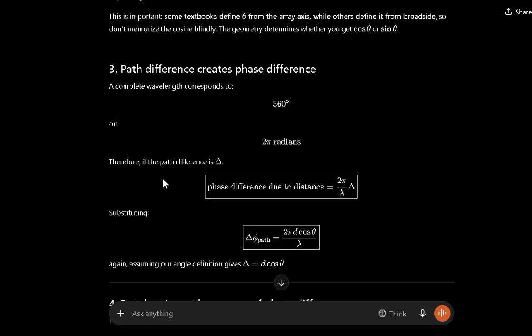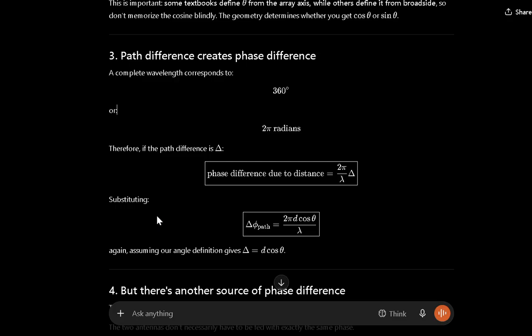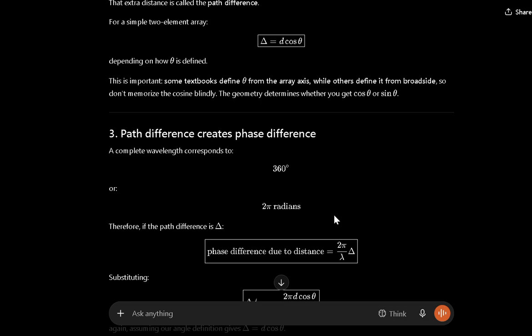Therefore, if the path difference is delta, the phase difference due to distance is 2 pi by lambda delta. Substituting, delta phi path equals 2 pi d cos theta by lambda. We got delta as d cos theta here, so we substituted the path difference due to distance.